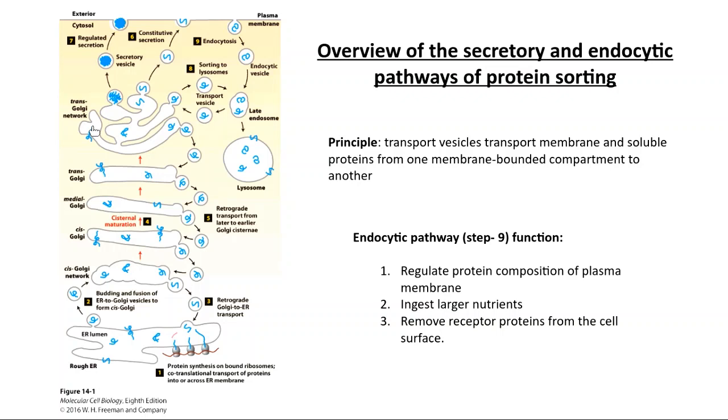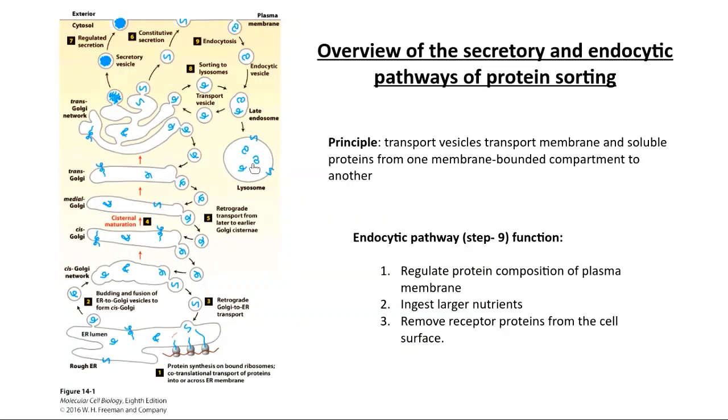I say network because this is cis Golgi, then medial Golgi, then trans Golgi, and then the trans Golgi network, or TGN for short. From here, it can go towards the plasma membrane, or get secreted outside the cell itself, or sometimes it can also go to the lysosome.